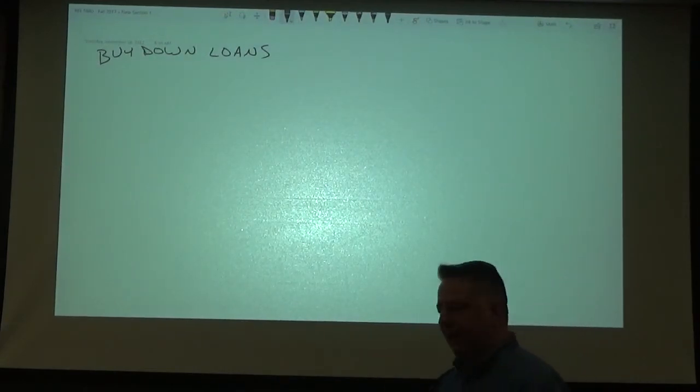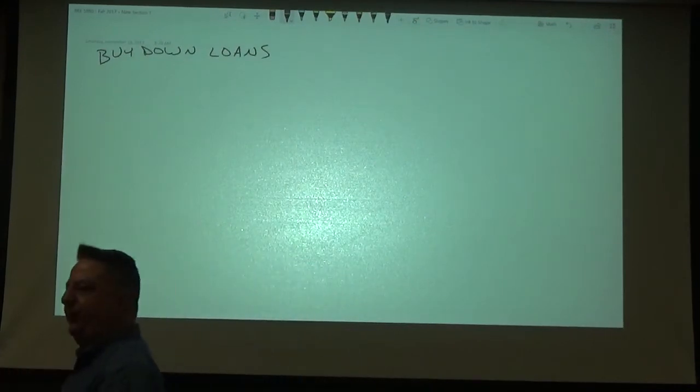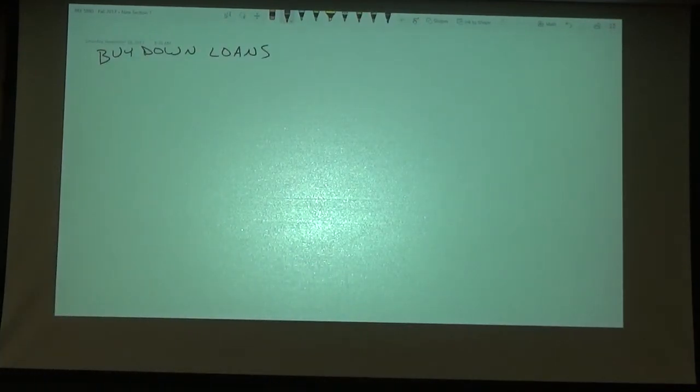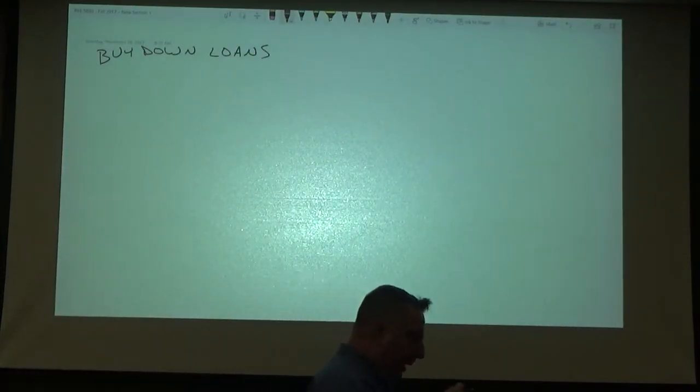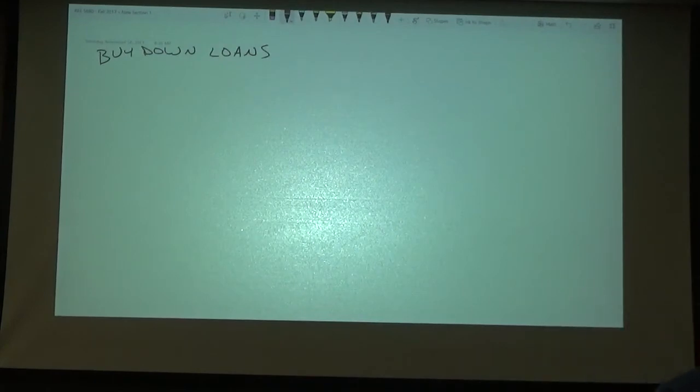So as an incentive to get the first few sales on the books, what the developer may do is get a preferred lender set up and established, and ask that lender, okay, what's the prevailing rate of interest that you're going to charge?